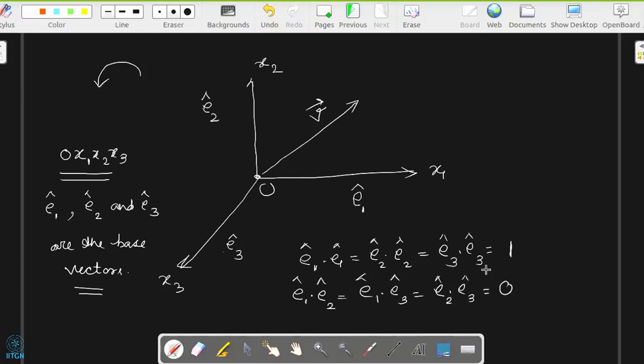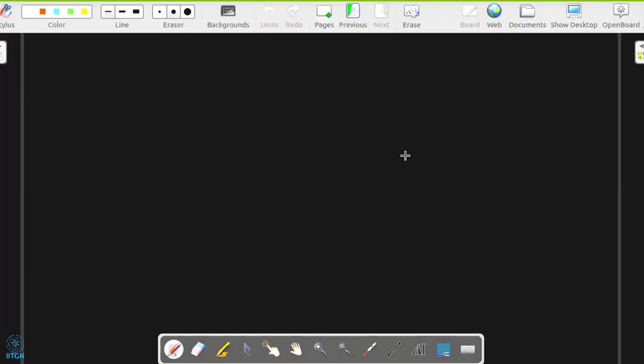Now here we have represented a vector v, and this v can be written as v1 e1 cap plus v2 e2 cap plus v3 e3 cap.